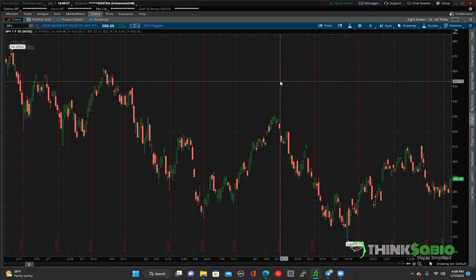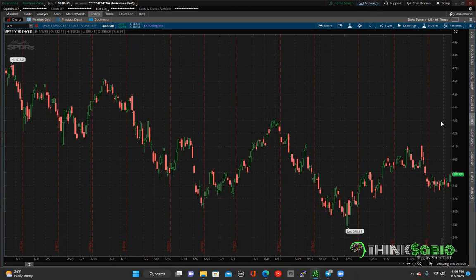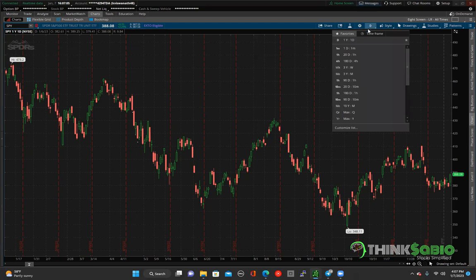Every basic charting platform will have the standard candlesticks, right? And each candlestick represents the time frame that we are selecting. What that means is, if I select 1 year, 1 day in the time frame here, under time frame in thinkorswim. For this session, we're going to use thinkorswim.